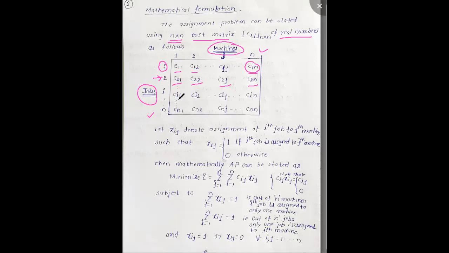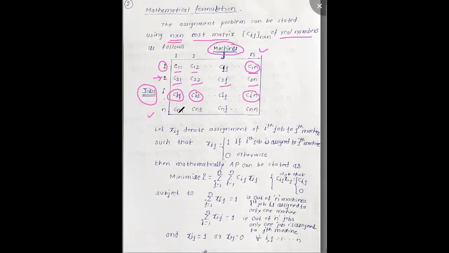This is the general row. Ith row, that is the cost of performing ith job on the first machine, Ci1. Cost of performing ith job on the second machine, Ci2, and so on. Last is the cost of performing ith job on nth machine.